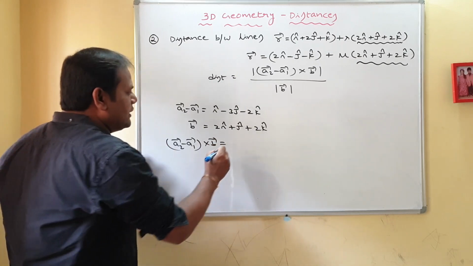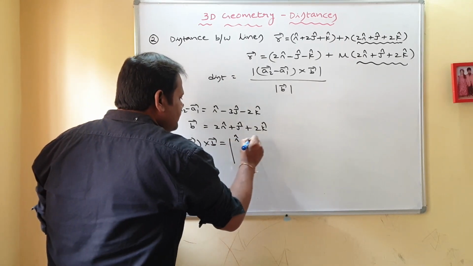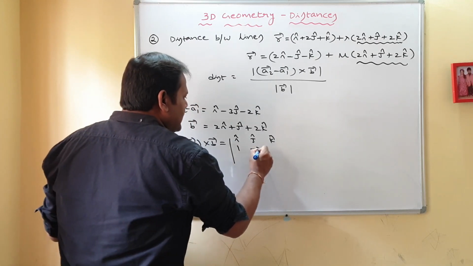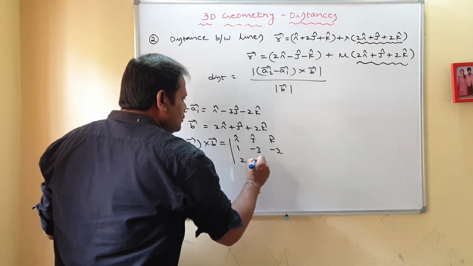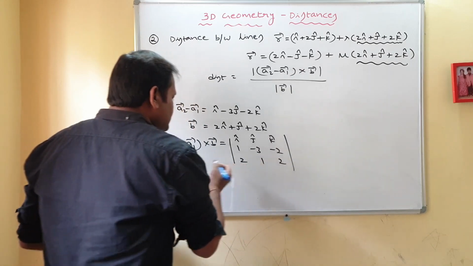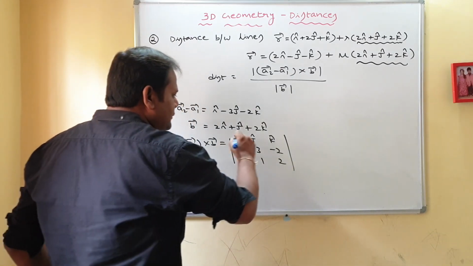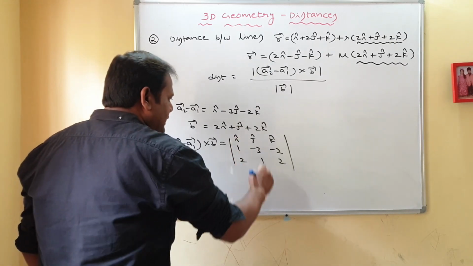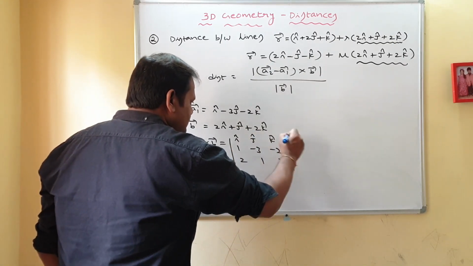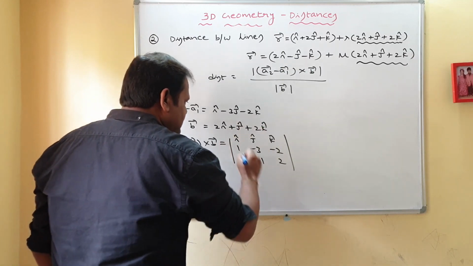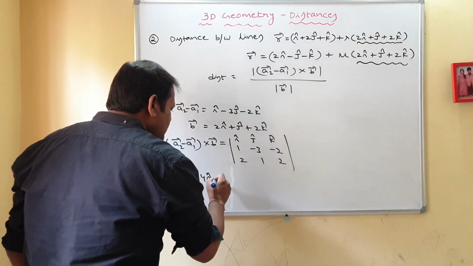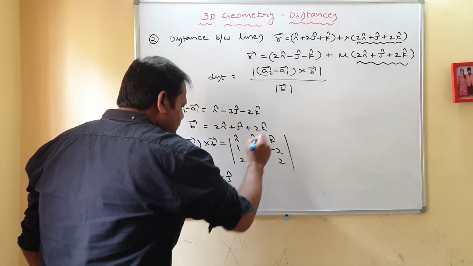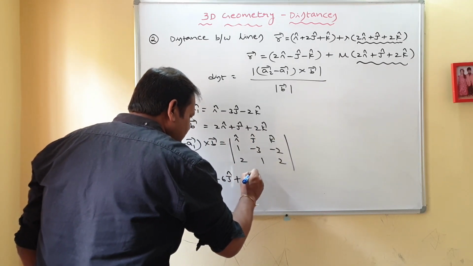So you know how to find cross product, determinant, i cap, j cap, k cap, and here it is 1, minus 3, minus 2, 2, 1 and 2. Just evaluate it: i cap into minus 4, i cap, minus j cap into 6, so 6j cap, k cap into 7, so 7k cap.